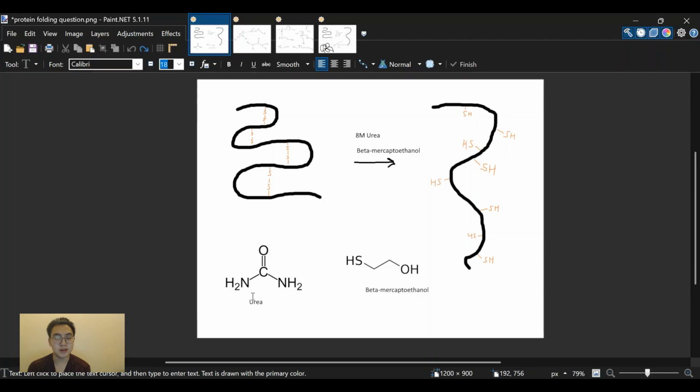Perhaps the beta-mercaptoethanol, when removed, does cause the sulfur-sulfur bonds to reform. Perhaps there is something else in the cell that can cause this reforming to happen. Other chemicals that help reform sulfur-sulfur bonds, or other proteins that help refold the protein.